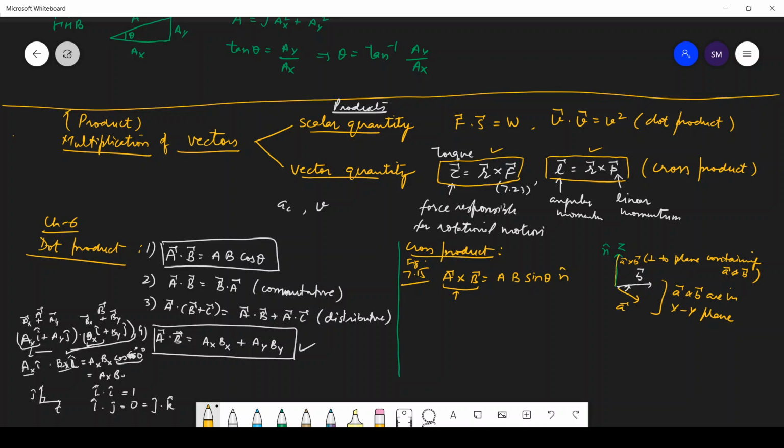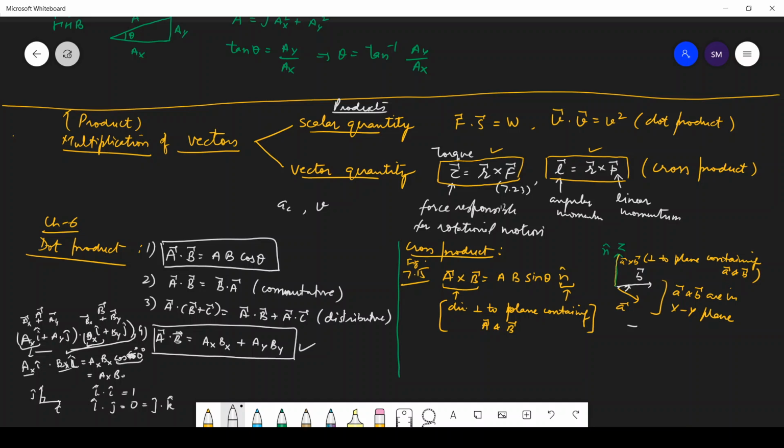So the cross product is always perpendicular. What is the direction of this n cap? That's the same thing. The direction of A cross B will be perpendicular to the plane containing vector A and vector B. I hope this is clear to you, and you can just use your right hand thumb.